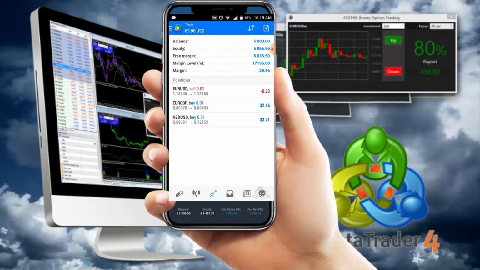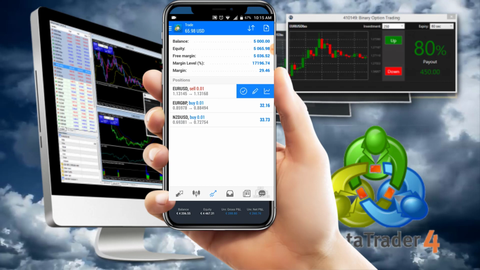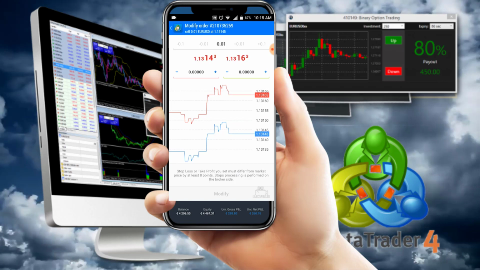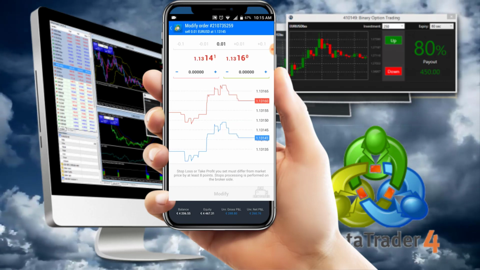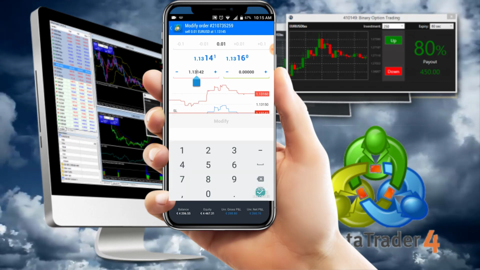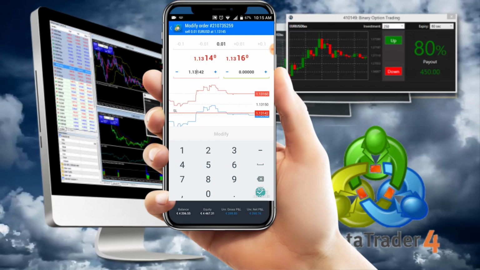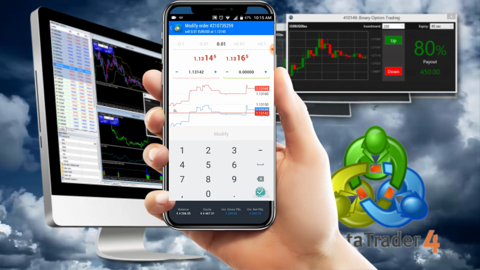So what you could do is you go back in. For me, I'm just going to swipe right and click on that little pencil. On the left-hand side, because I'm selling, and because I sold at like 113 and some change, then I want to bump this up. It says 14 right now. I'm going to give myself a 30 pip stop loss.